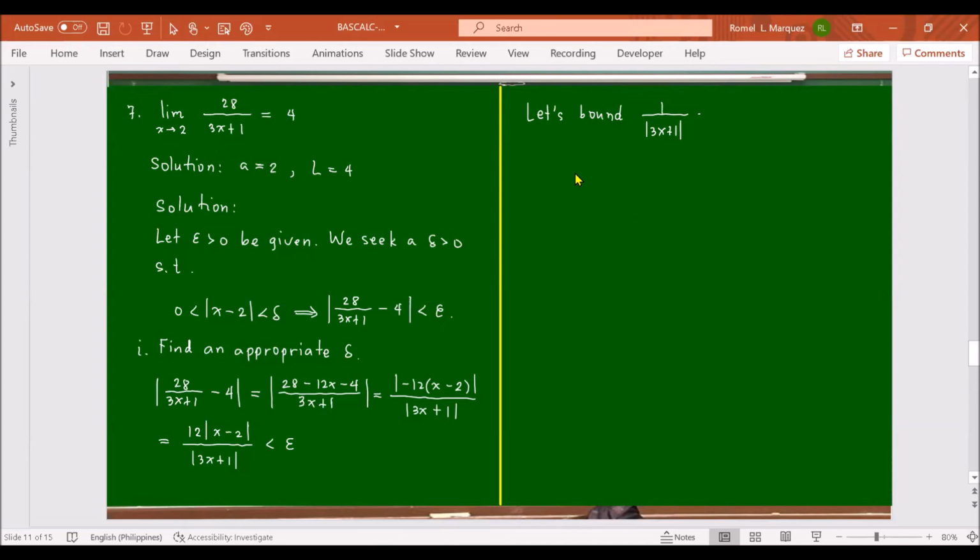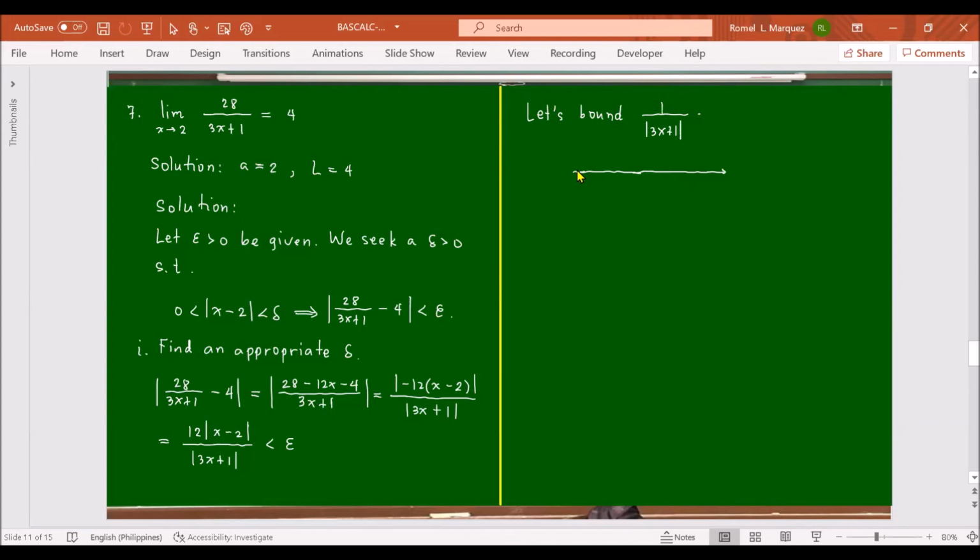So for me to get away from that value, I have to choose a delta in bounding this. So how far am I from 2? Close enough to 2, but not covering the value of x that will make the denominator 0. Can I say that delta can be equal to 1? So let's check.